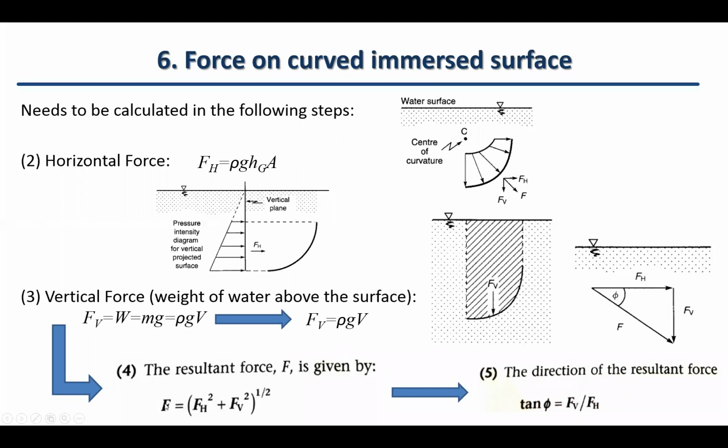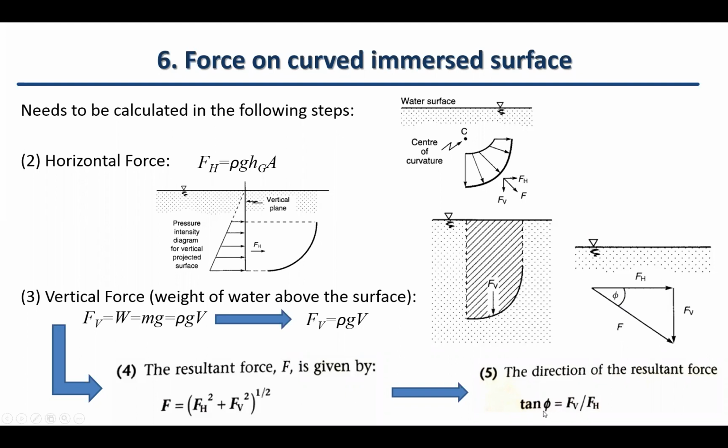So that is F. And to calculate the direction of the resultant force, you can easily use the trigonometry relationship, the tangent formula. We calculate the angle phi of F relative to the horizontal line.